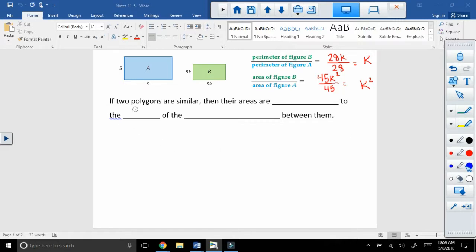So here we go. If 2 polygons are similar, then their areas are proportional to the square of the scale factor between them.